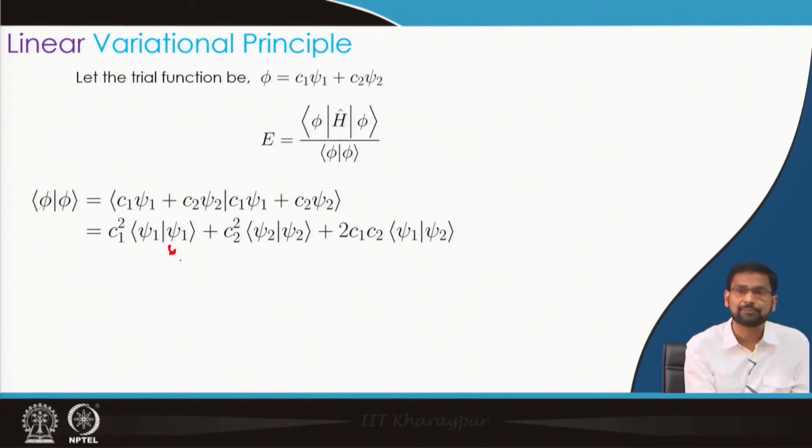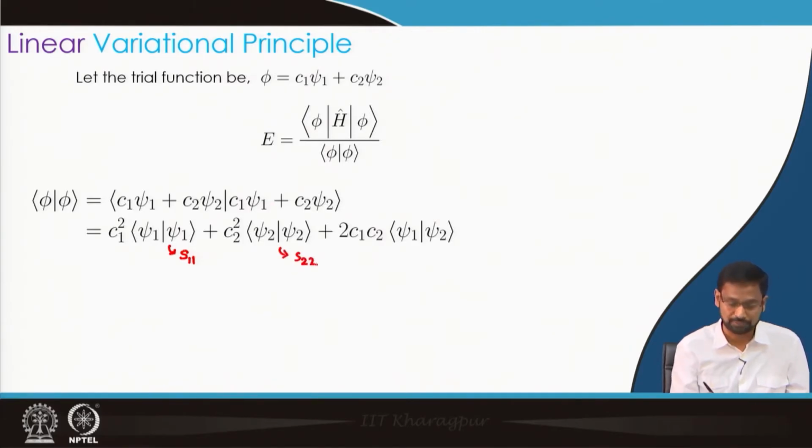This is the overlap of psi1 with psi1. These overlap integrals we will define as S, and we call this S11. So, S11 indicates the overlap integral of psi1 with itself, this integral we call S22, and this one is S12. They simply indicate that this is the overlap of psi1 and psi2. Now, this is what we got for the denominator.